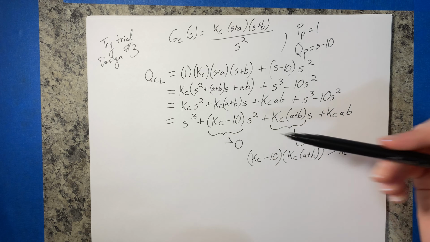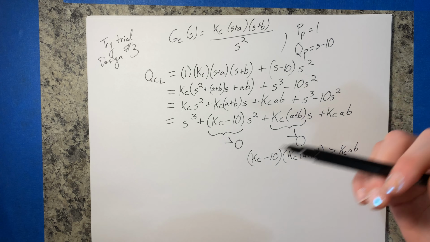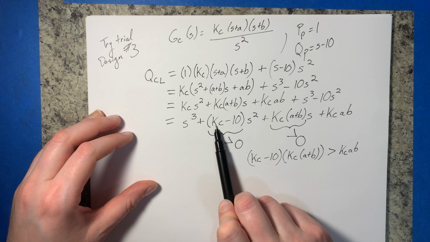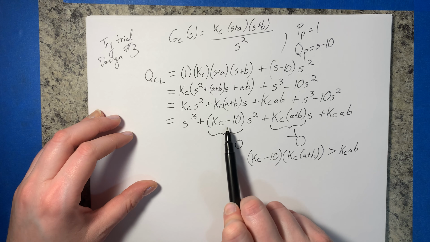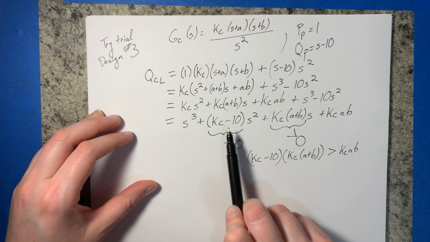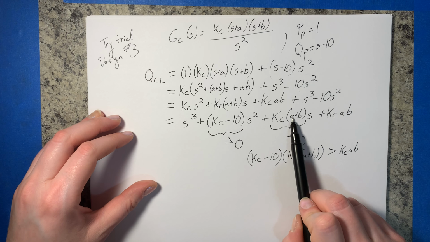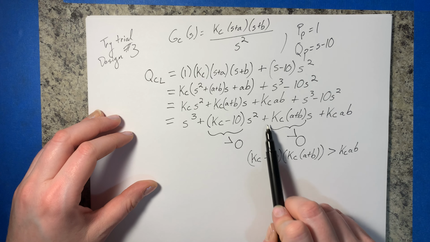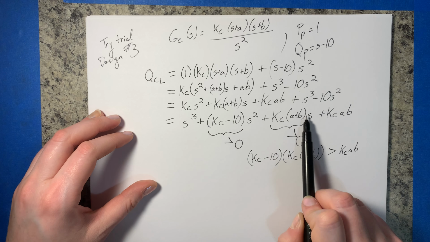Okay, so if we look at these necessary and sufficient conditions, and if our problem statement is that we just have to find variables that work, this is not too bad. It's easy to find a KC that works with this, just anything greater than 10. And then again, as long as A and B are positive, if KC is anything greater than 10, of course that's positive. So this whole coefficient is positive.